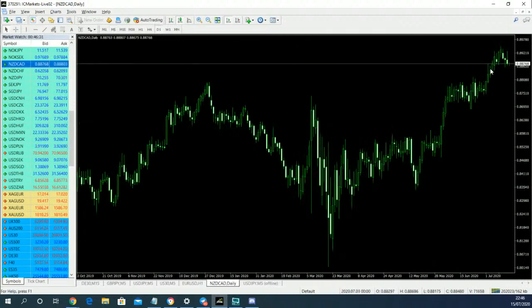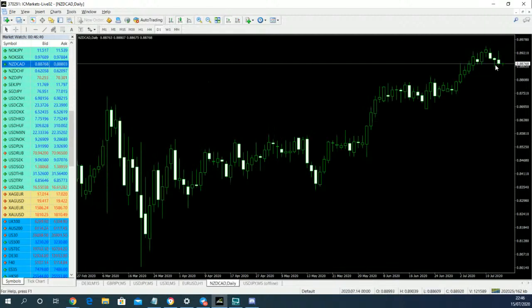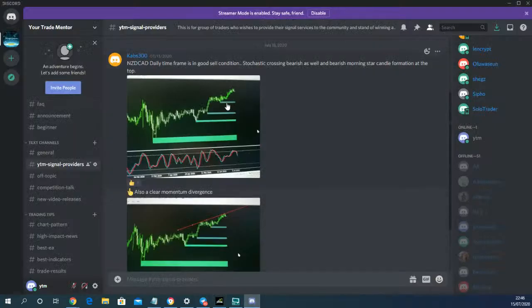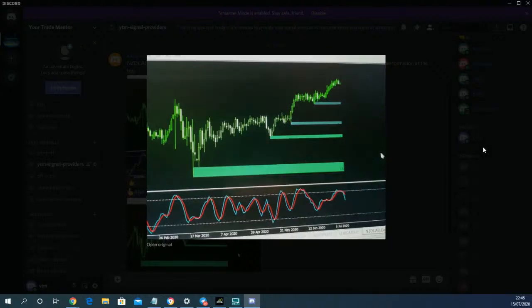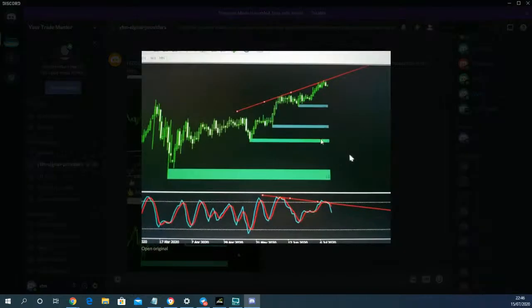You can see, ladies and gentlemen, that already at the close of today we have a bearish candle. You can see that its prediction is absolutely spot on. Look at his chart and look at what is happening. And this is a long-term trade. This is not a short-term trade.